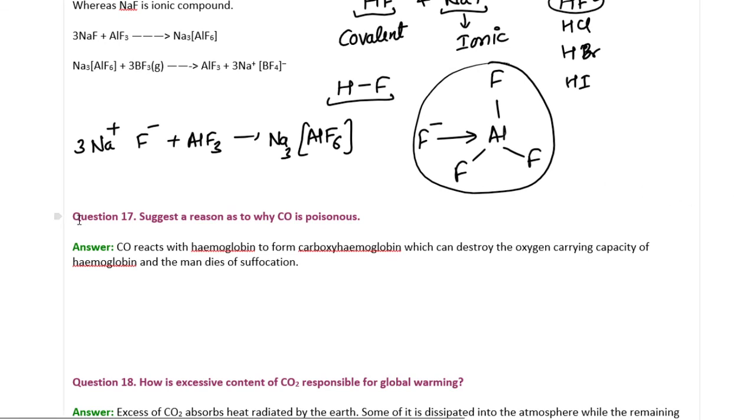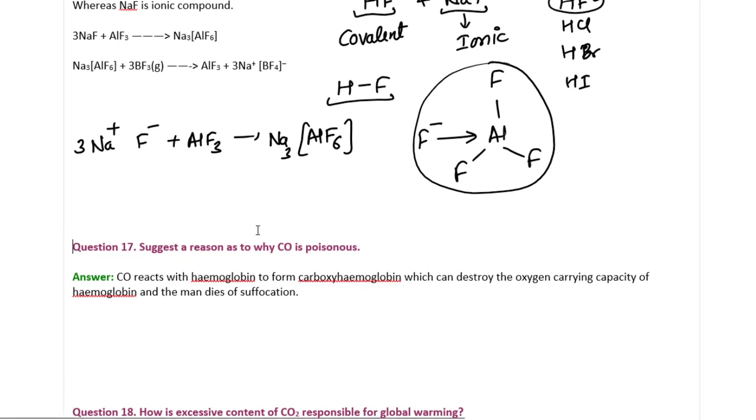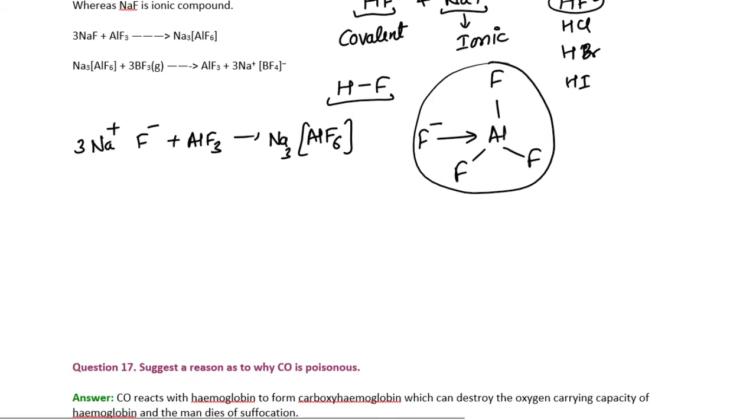But when this Na3AlF6 reacts with BF3, then what would happen? Boron can accept fluoride ion more than aluminum because boron is smaller in size.